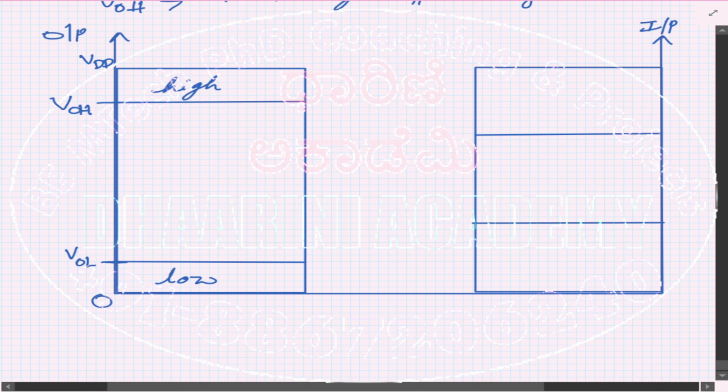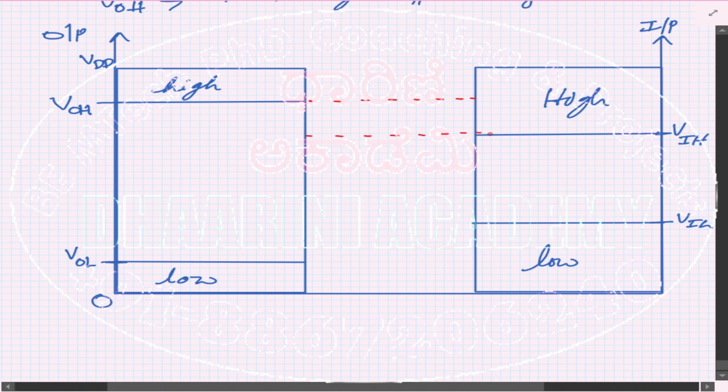Right, now on the input side, this is low and this is high. Now you see, this voltage is the lowest value which is considered as the high value, correct. So this has to be VIH, and this has to be VIL.